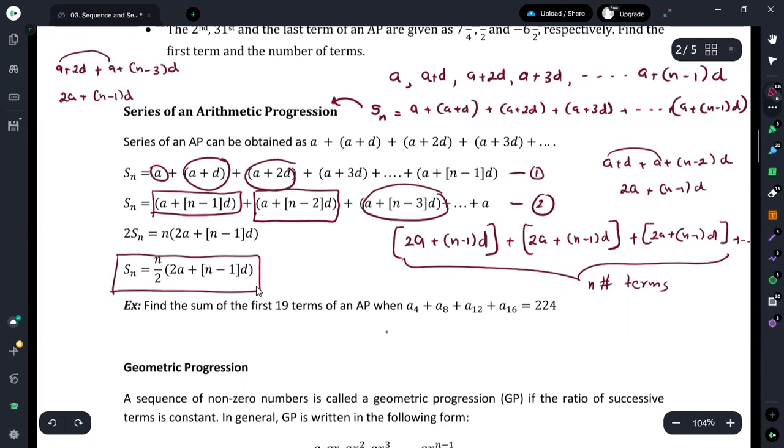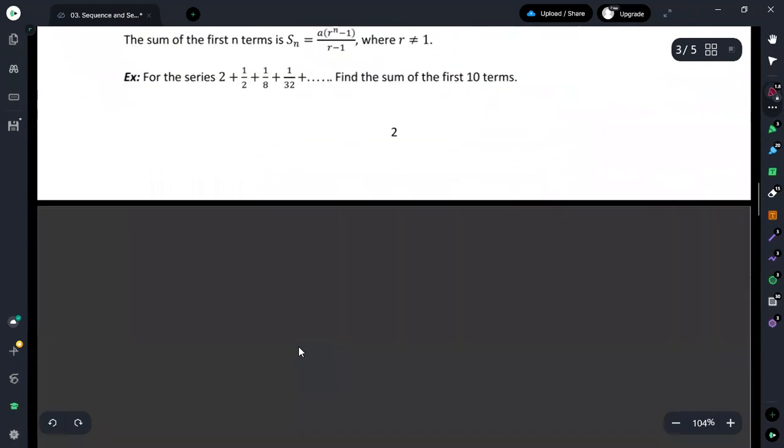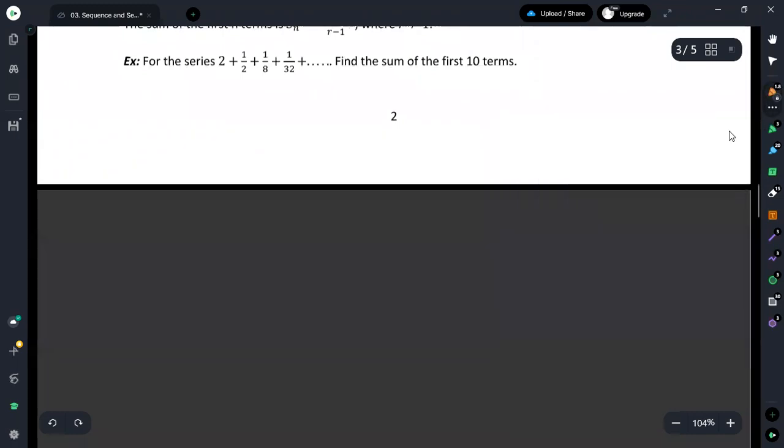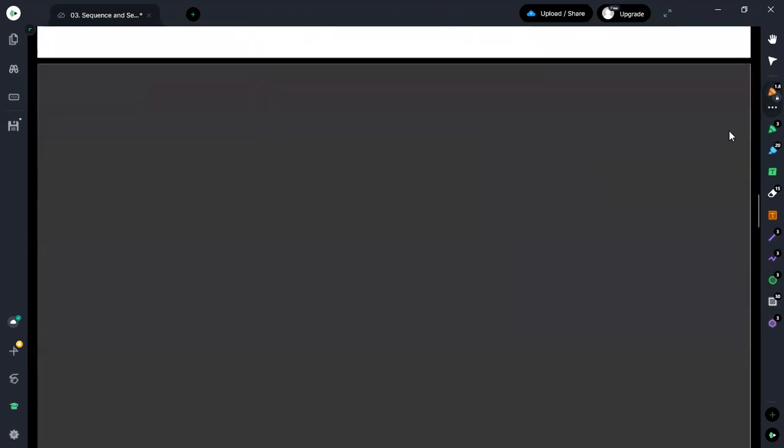Here I will start the calculation using the equation that we have obtained for the series of an arithmetic progression. Here we are asked to find the summation of the first 19 terms.